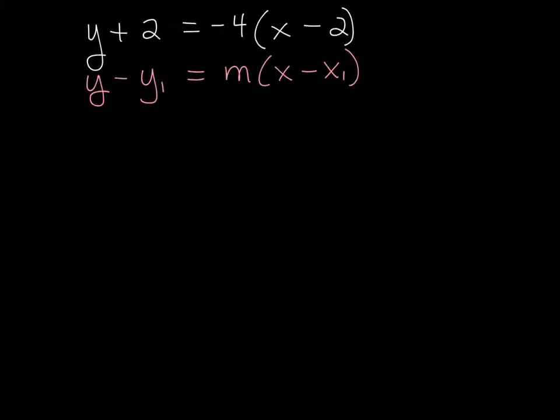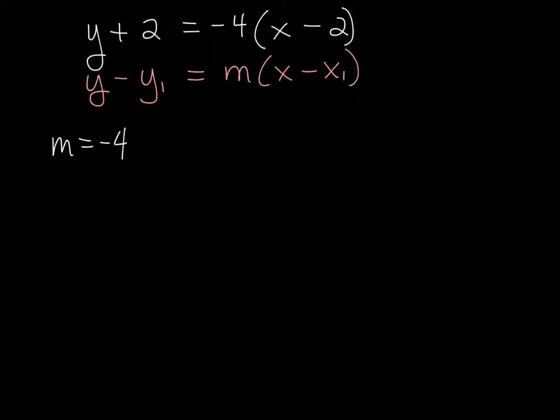I'm paying attention to what's sitting right here in the formula, and I'm paying attention to over here in the x1. So in this problem, I can see there's my m. My m is a negative 4. So I'm going to be able to pull out right away this m equals negative 4. Just pulled it out from this location. That's all I did. I extracted it. Now, I've got to look for my x1, y1.